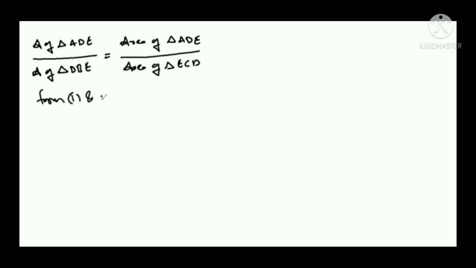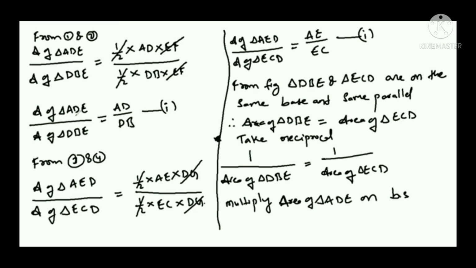From 1 and 2, previously we did, right? From 1, area of triangle ADE by DBE is AD by DB. This one is AE by EC.